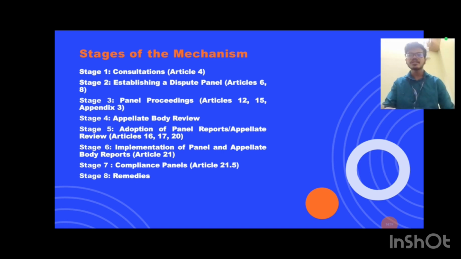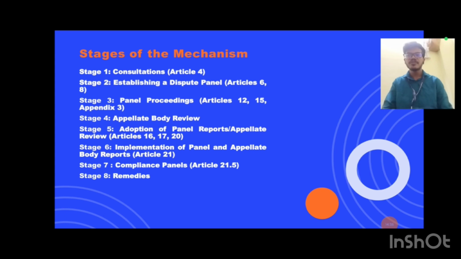The last is the remedies, which are the consequences for members whose measure or trade practice is found to be in violation of the covered agreement by a panel or Appellate Body. The dispute panel issues recommendations with suggestions of how a nation is to come into compliance with the trade agreements.